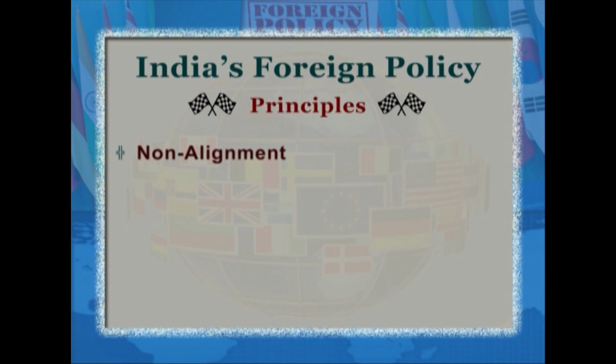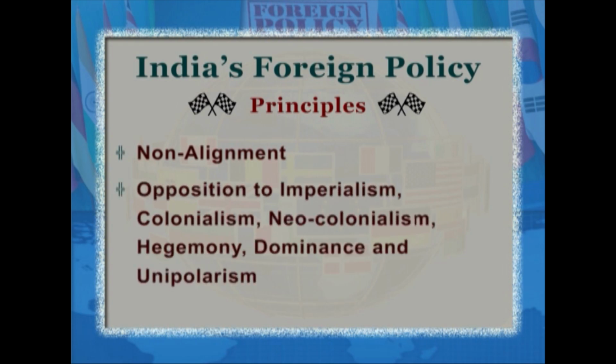Non-alignment has been the first important principle of Indian foreign policy, then opposition to imperialism, colonialism, neo-colonialism, hegemony, dominance and unipolarism.